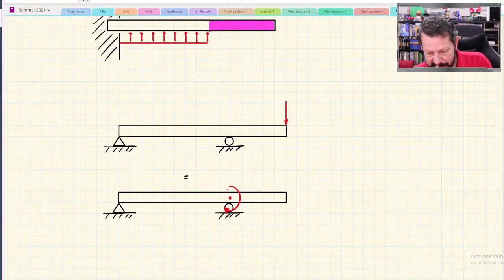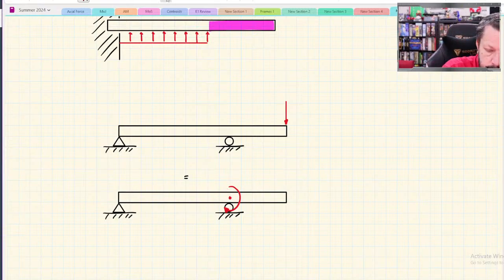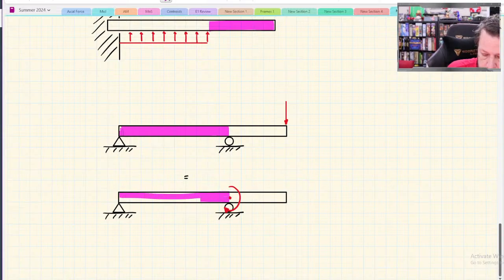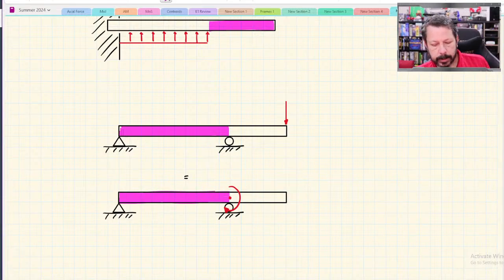The problem with this, and it worked for what we were trying to solve, is that this only works in this part of the beam. So that only works for here. So these are not actually equal for the whole length of the beam, for the same reason that we've been encountering here, and we solved it the correct way when we did the example, but I don't know if I explained why we did that or not.